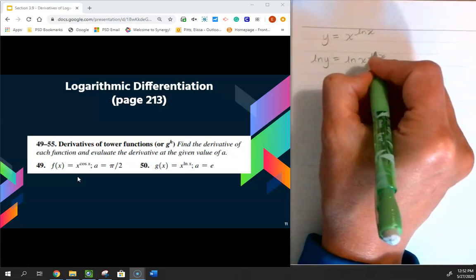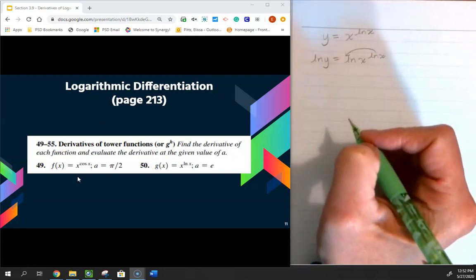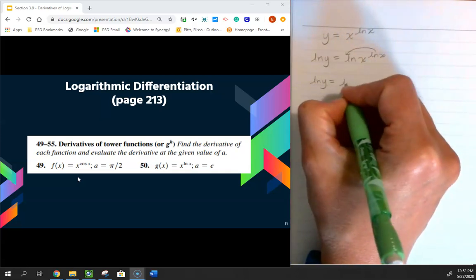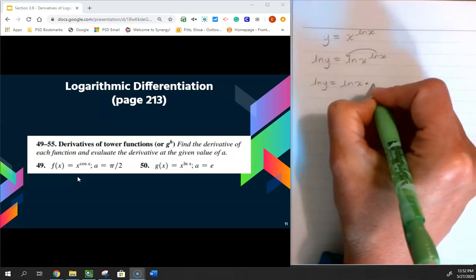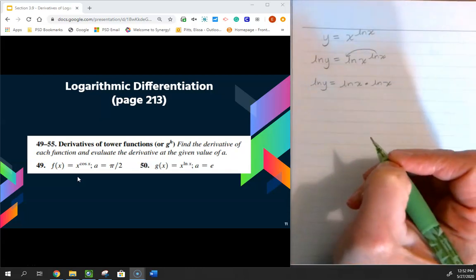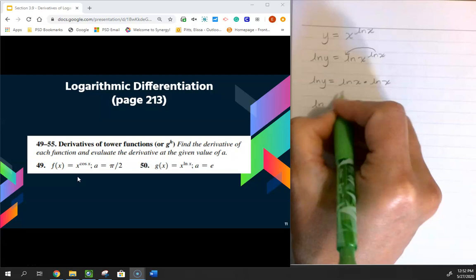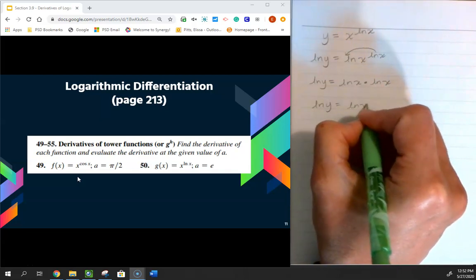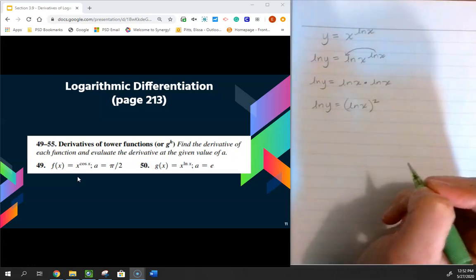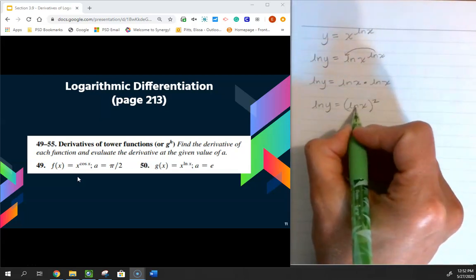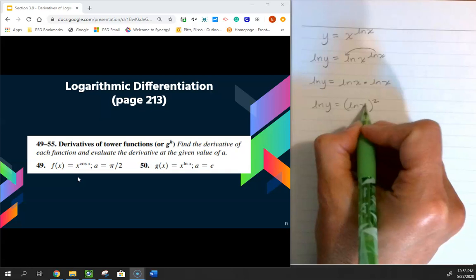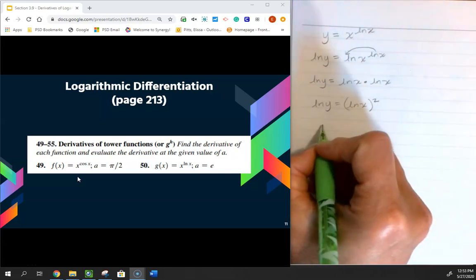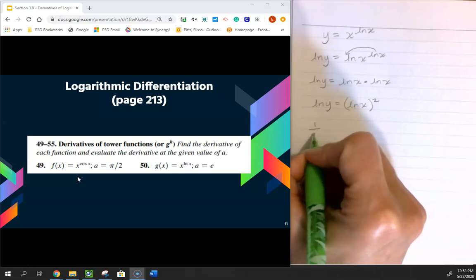Again, with natural logs, I can take that exponent and bring it out in front. So I get natural log of y equals natural log of x times the natural log of x. If I want to, I can use the product rule here, or I can write this as natural log of x, the quantity squared. Notice that's different than natural log of x squared, where the x squared is inside the log. Now I can use my implicit differentiation.